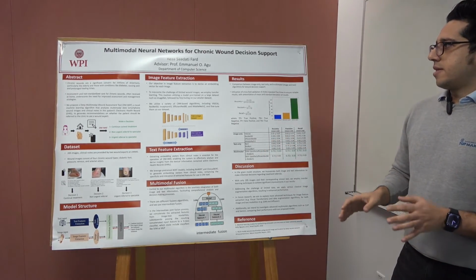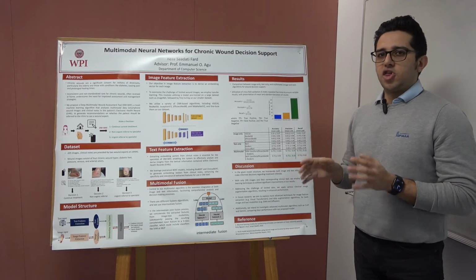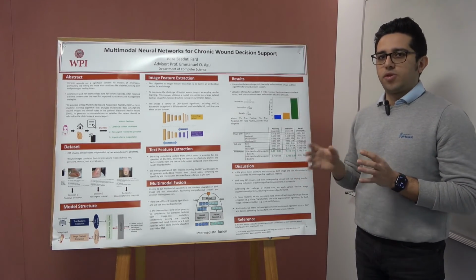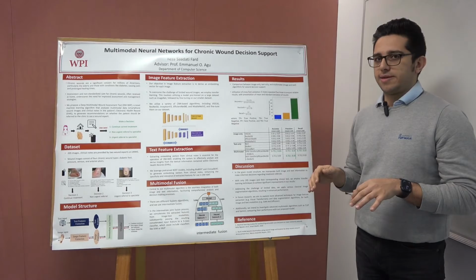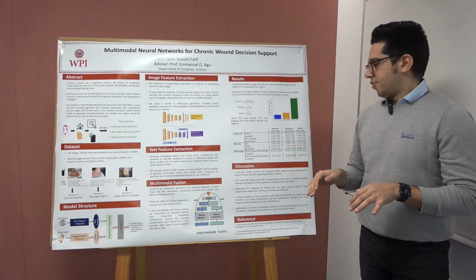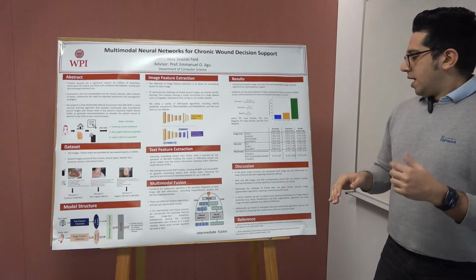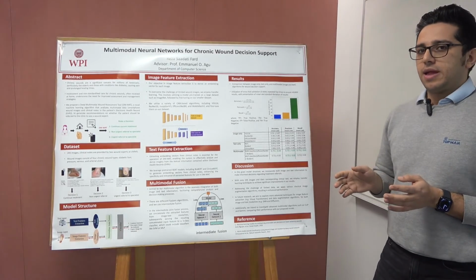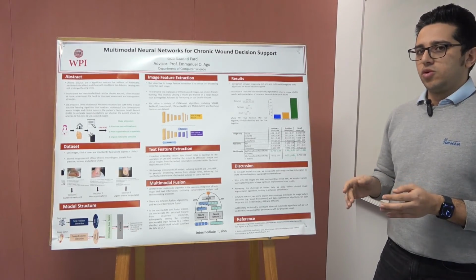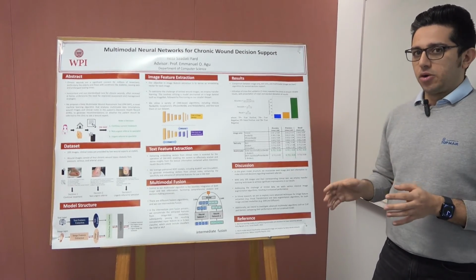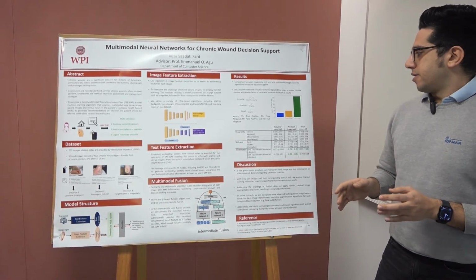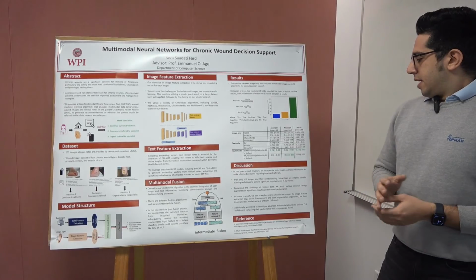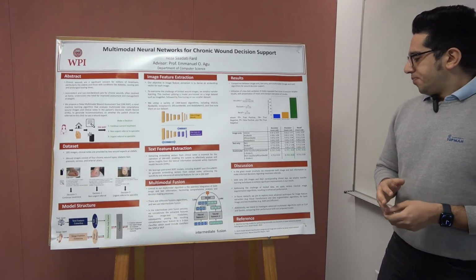To summarize, we combine image and text to benefit from both modalities in our special problem. As we only have 205 images and related text, we needed to do some augmentation to make our data set larger.